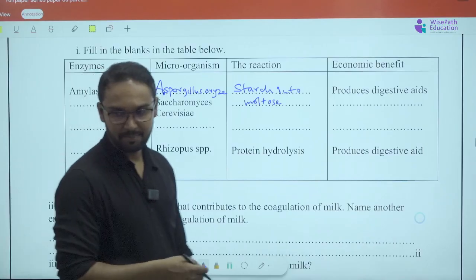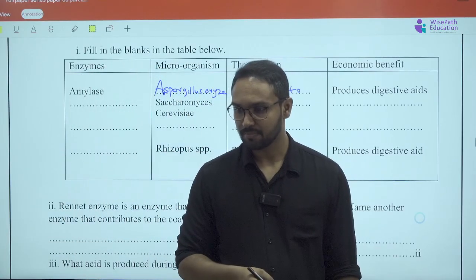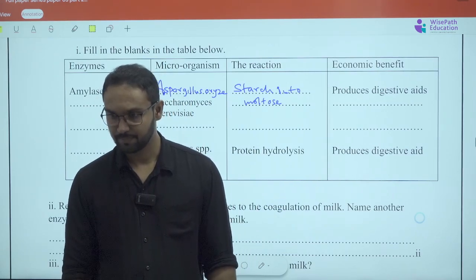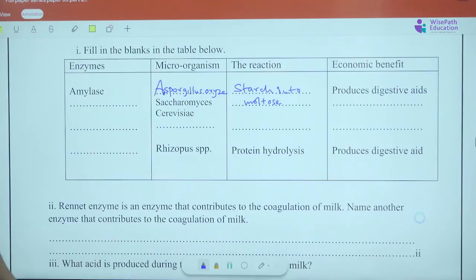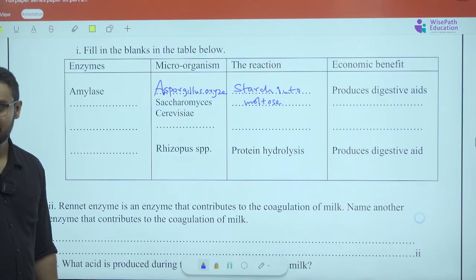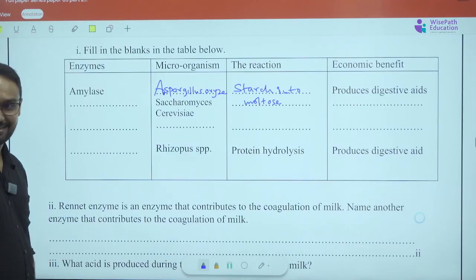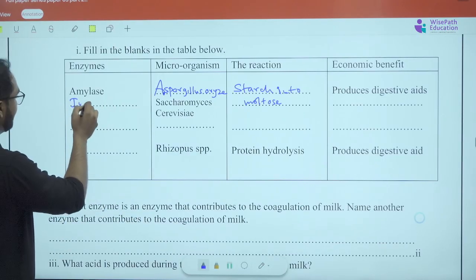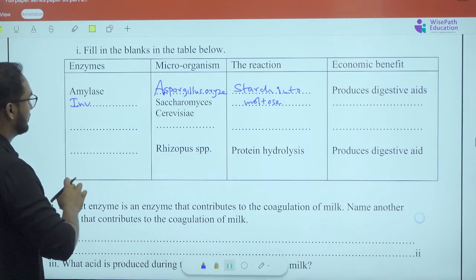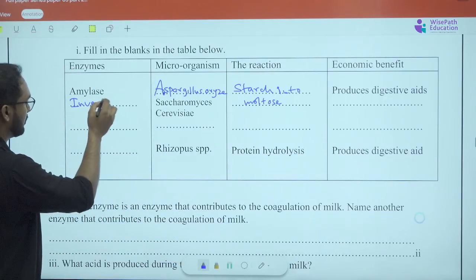Under the alcohol production. Invertase. That's invertase. Let's remember all of this. Invertase.